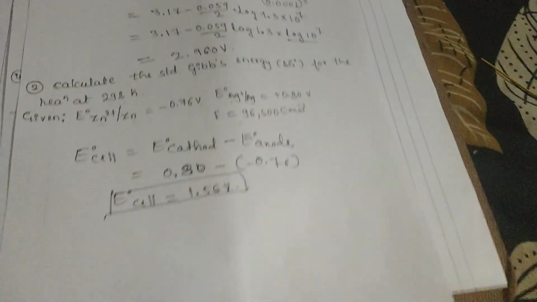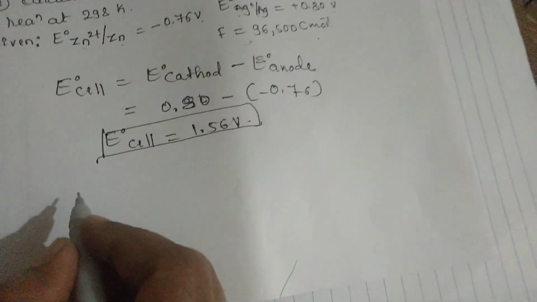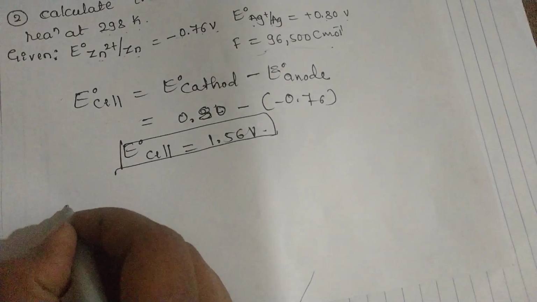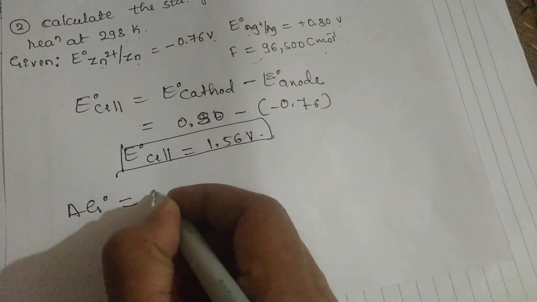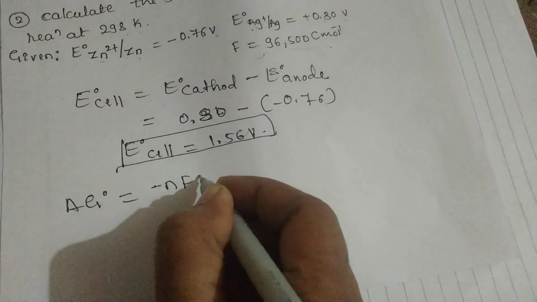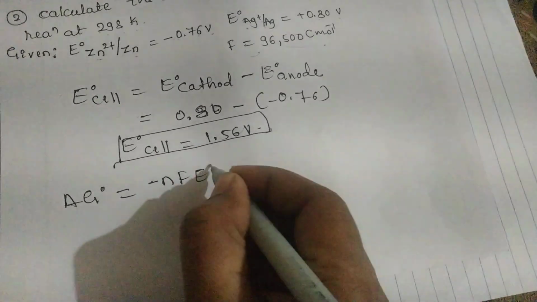But here we have to calculate the standard Gibbs free energy, and we know the formula: delta G0 is equal to minus n F into E0 cell.